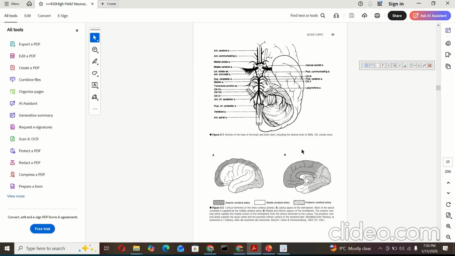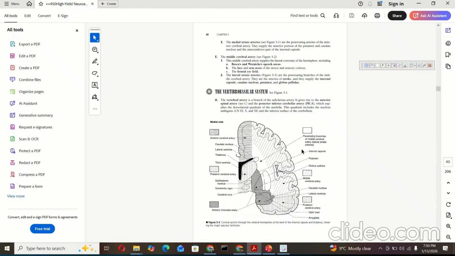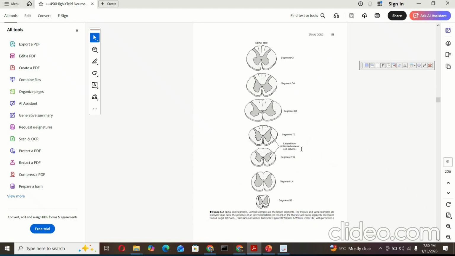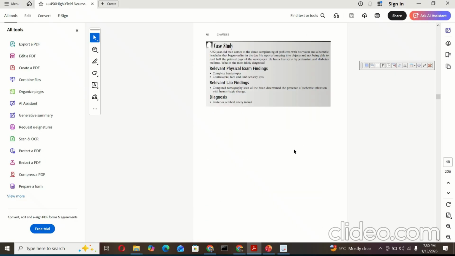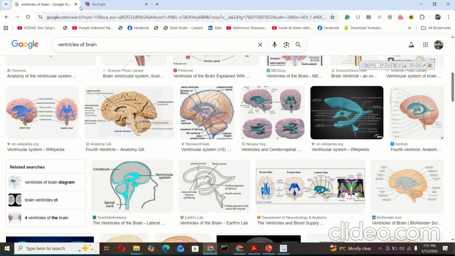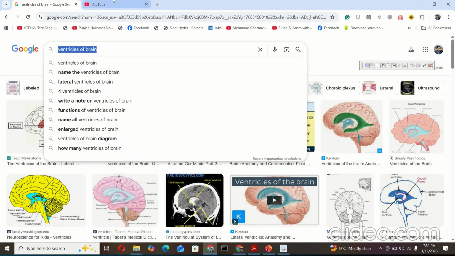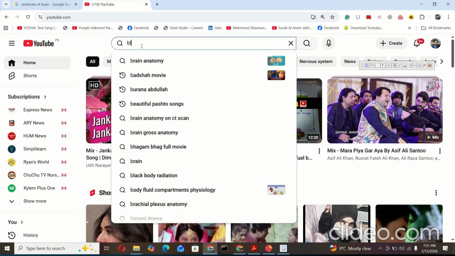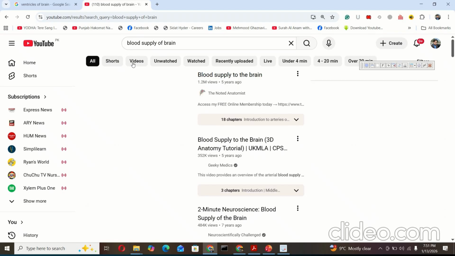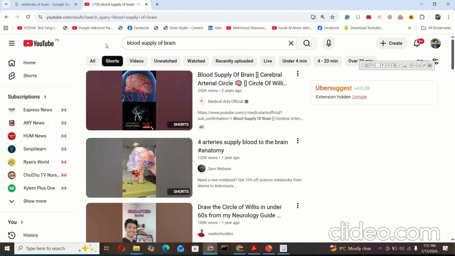After it is the blood supply of the brain, and the spinal cord. Let's first discuss the blood supply of the brain.